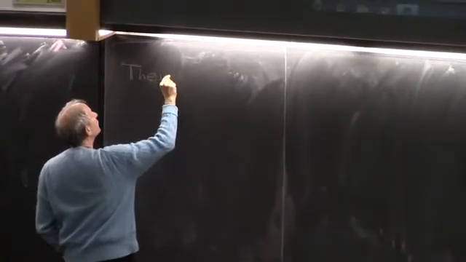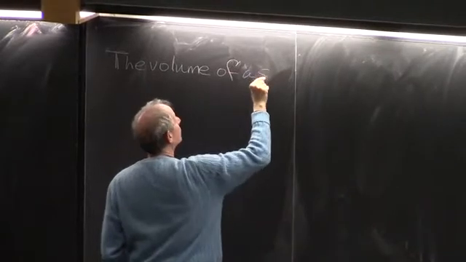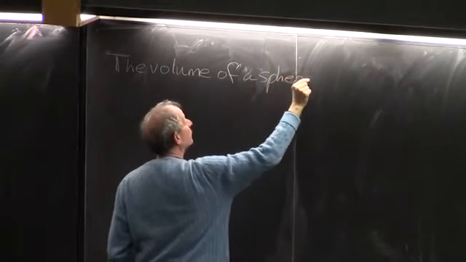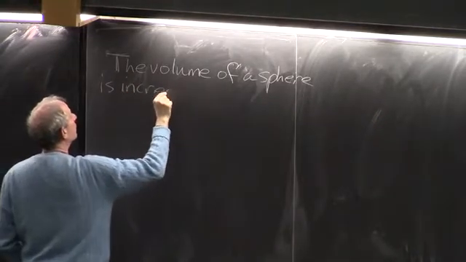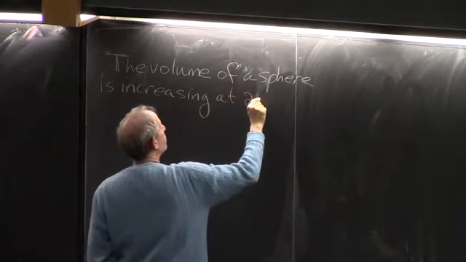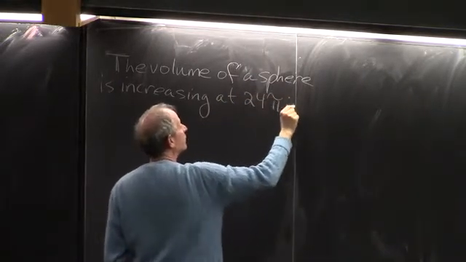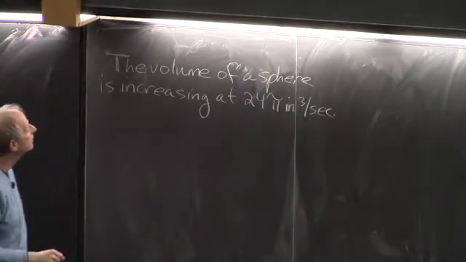The volume of a sphere is increasing at 24 pi cubic inches per second. That's pretty fast.